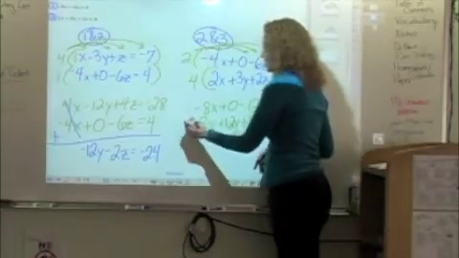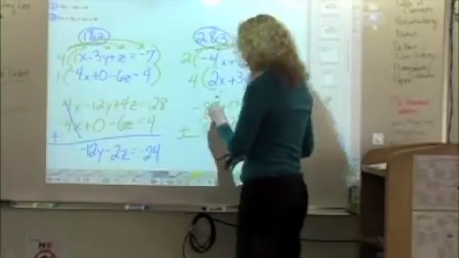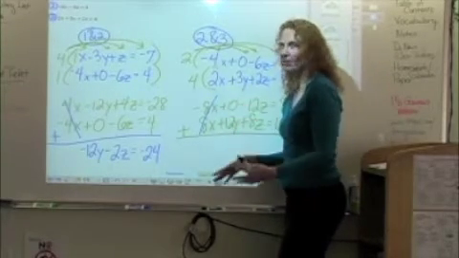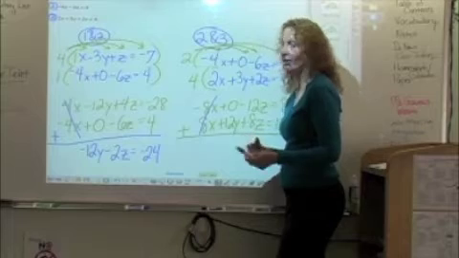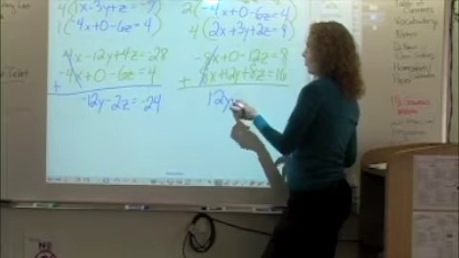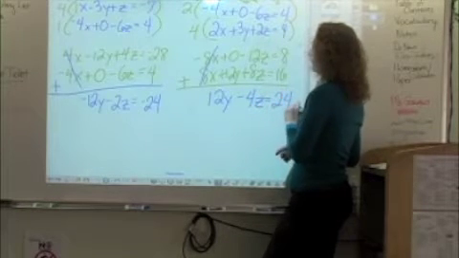I highly suggest when you do each of these steps on these 3x3s, stop after each step, double check your work. Because you make one mistake here, everything's wrong, you got to start all over, and it's very hard to find mistakes. Oftentimes students just start the whole problem over again. I believe that's a 24.